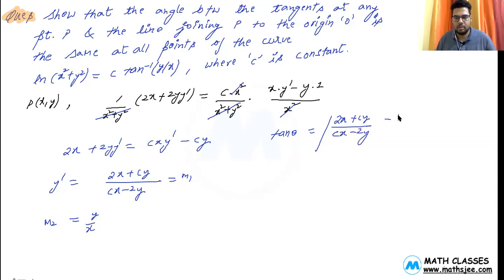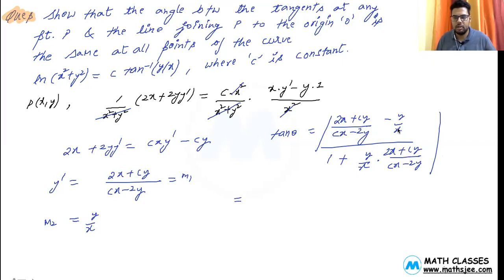This is (m1 minus m2) upon (1 plus m1 m2). So cx minus 2y. We can simplify this a little bit, and clearly you can take the LCM.